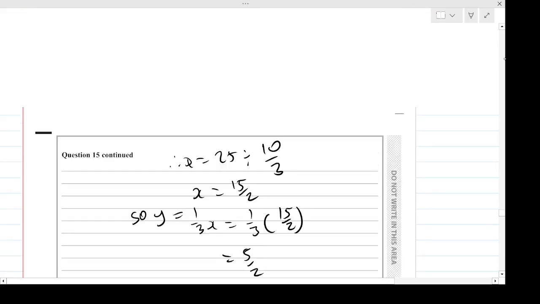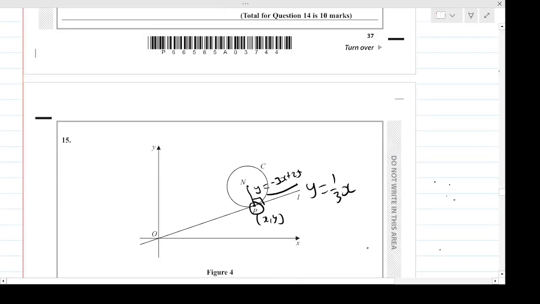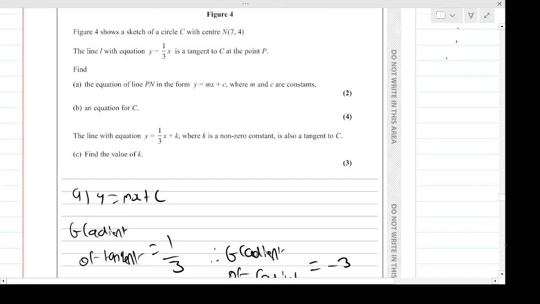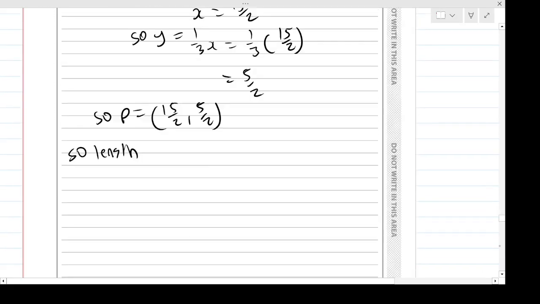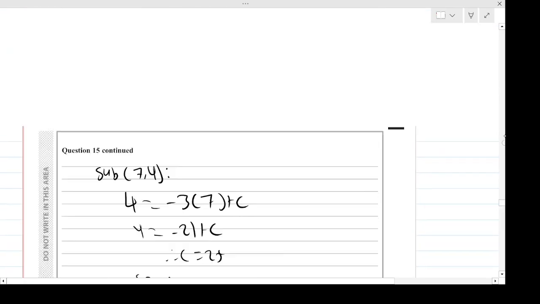Now the length of the radius, in other words, the distance from P to N. So I've got the two points now. I know that P is (15/2, 5/2), and I know that N was given to me in the question. N was (7, 4), my apologies.